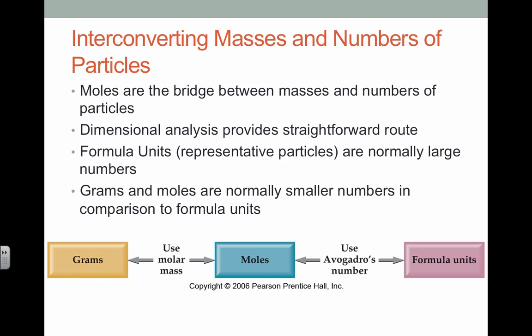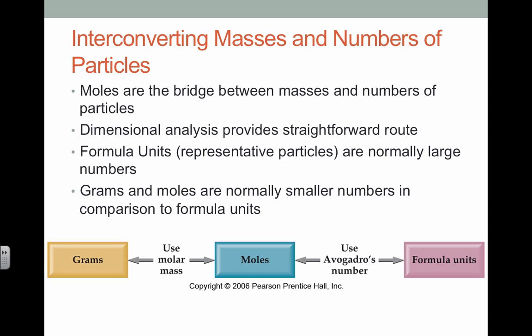We can also do other conversions. If we want to go between grams and representative particles, the mole is our bridge in order to do this, and I'll give you a visual of this when we do our discussion in class. Again, we're going to use dimensional analysis in order to do this because it makes the most sense, and we're actually going to need dimensional analysis to do some more complicated things with this stuff a little later in this chapter.